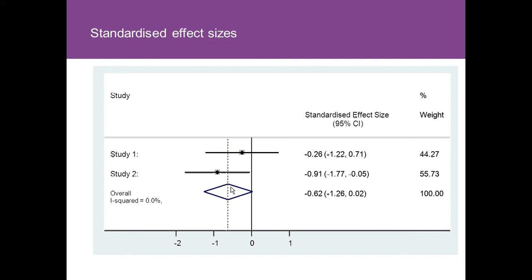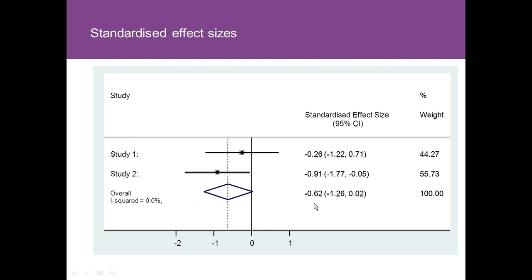So here we have the results of Study 1 and Study 2 expressed as standardized effect sizes. You'll note that in Study 1, the 95% confidence intervals now appear much wider. And that is because we have divided by the standard deviation in Study 1, and similarly we've divided Study 2's 95% confidence intervals by the standard deviation of the Beck measure in Study 2. We are now able to calculate a 95% confidence interval for these 2 studies overall.